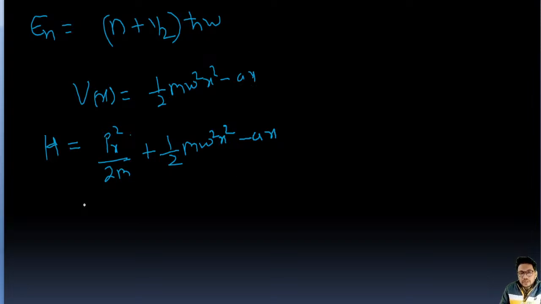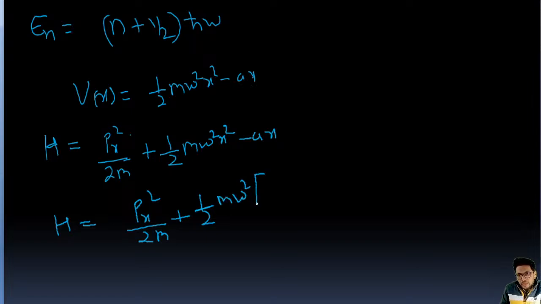Okay, so now we'll simplify it. H equal to px square upon 2m plus 1 upon 2 m omega square, which we will take common, and it is going to be x square minus 2ax upon m omega square.